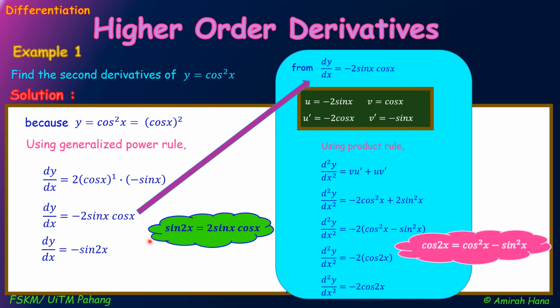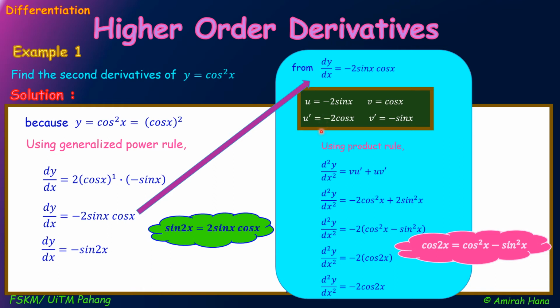Alright. Let's say we start from the derivative dy over dx equals negative 2 sin x cos x. We differentiate from here without changing to the double angle identity. From here we have multiplication between negative 2 sin x and cos x, so when we differentiate, we need to use the product rule. Our u equals negative 2 sin x and our v equals cos x.